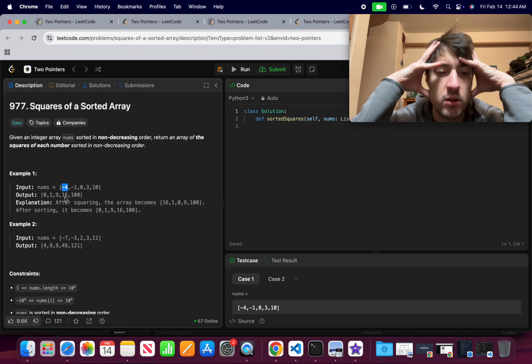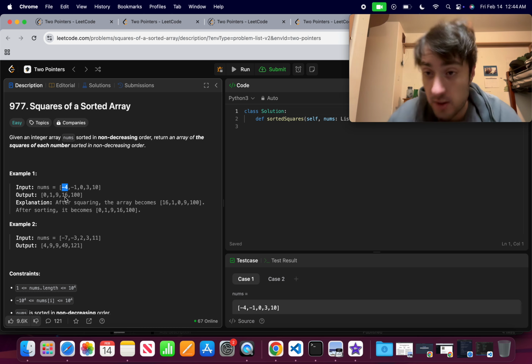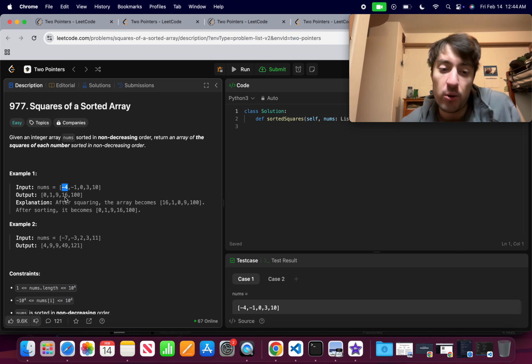Obviously this is in the two-pointer section, so how are we going to use two pointers?